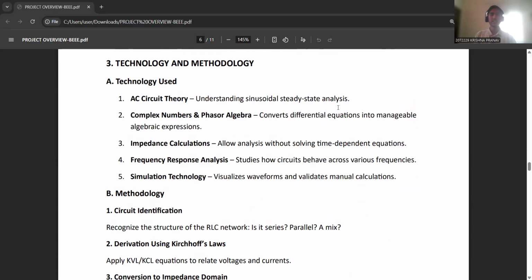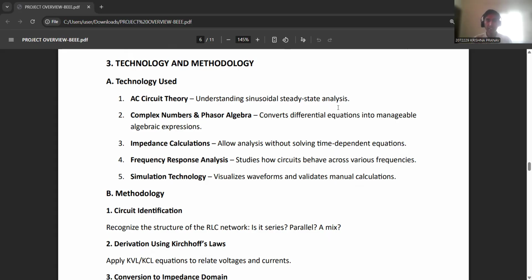Technology and methodology. First, technology. AC circuit theory. Understanding sinusoidal steady state analysis. Complex numbers and phasor algebra converts differential equations into manageable algebraic expressions.